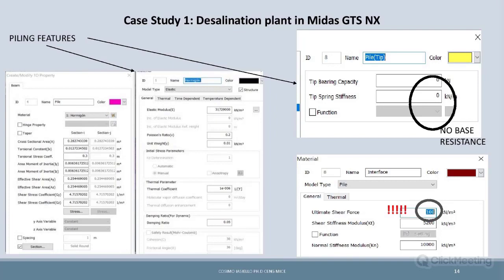There is no base resistance, so we set it to 0 kilonewtons. And the other very, very important value is 100 kilonewtons per square meter for the skin resistance, the ultimate shear force. These values came from our analytical formulation. At the end of the day, we have to carry out our numerical analysis, but always considering our analytical approach as the starting point. Okay.